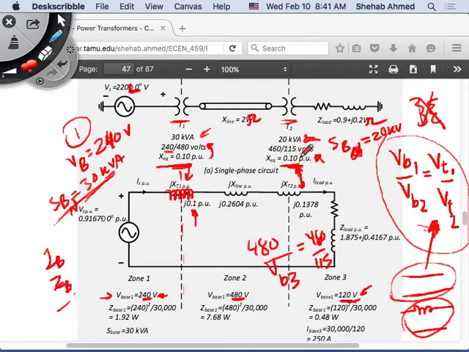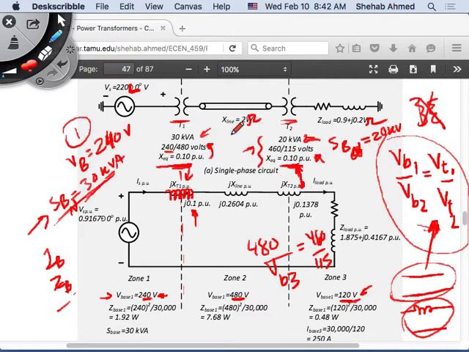V base on the secondary side is 115 and 120, right? So we will just use our old quantities. These will be the old quantities in the equation that we just introduced, and our new quantities will be the new S base for the full system and the base voltages that we chose in the different zones. Okay, so that's why this impedance changes.